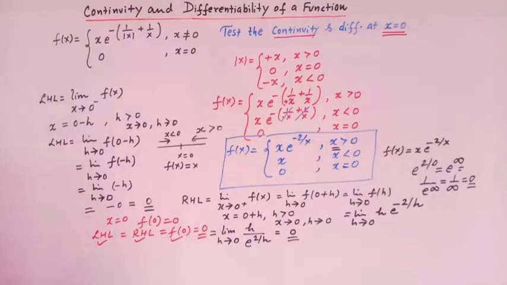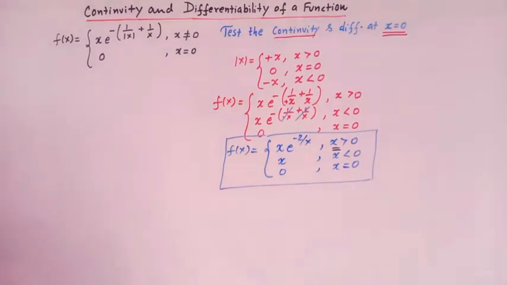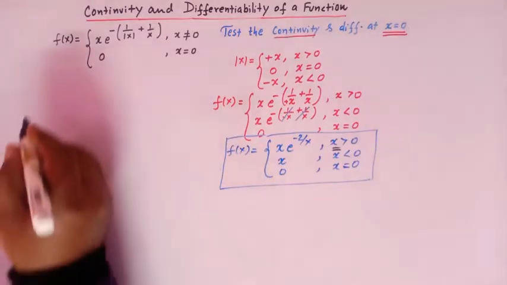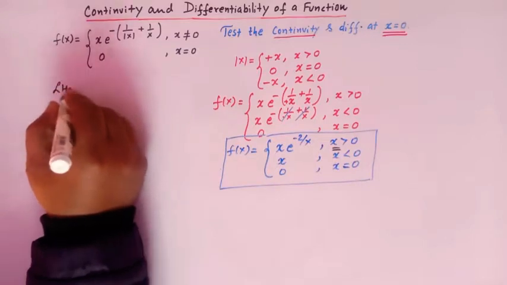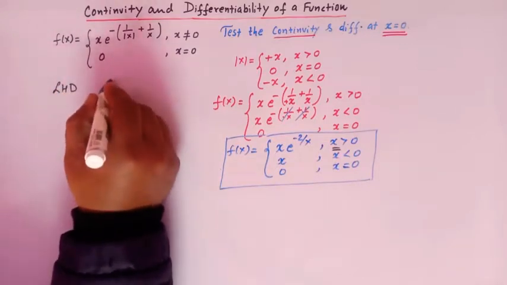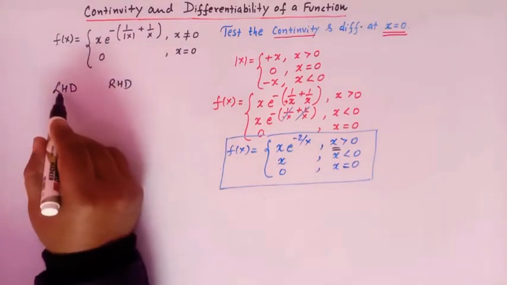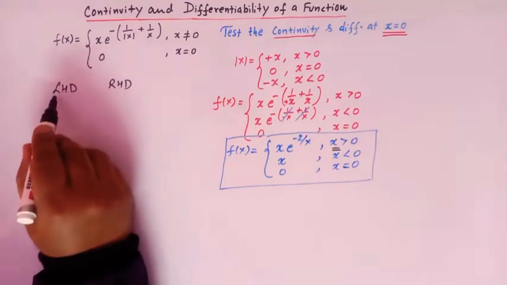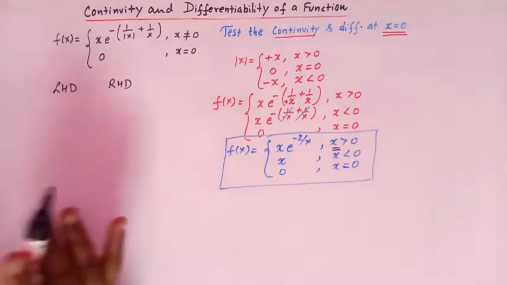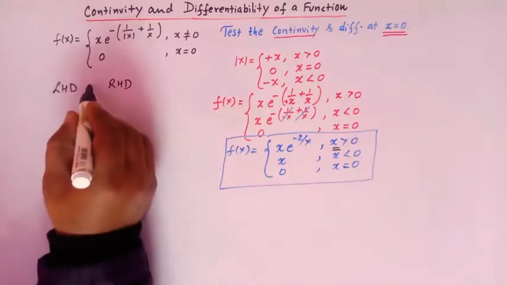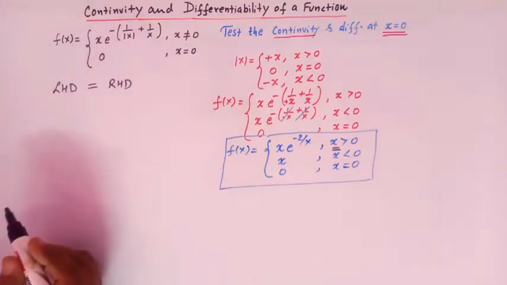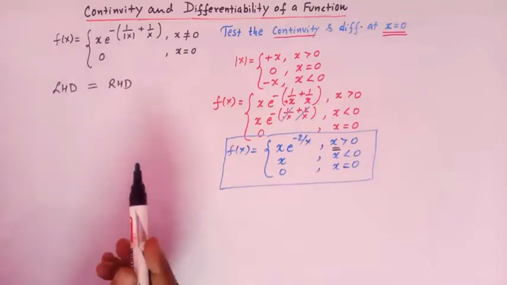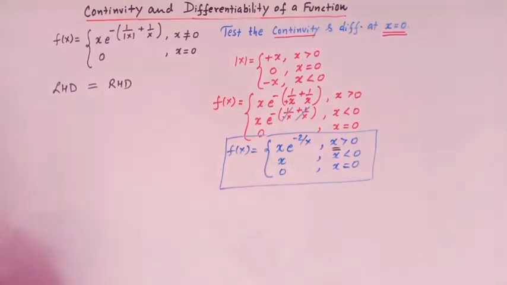Now let us consider the differentiability of this function at x equal to 0. Now viewers, in order to test the differentiability of a function, we have to calculate the left hand derivative and right hand derivative, and if both the derivatives exist, they are finite and equal, then we say that the function has a derivative at that particular point, right?